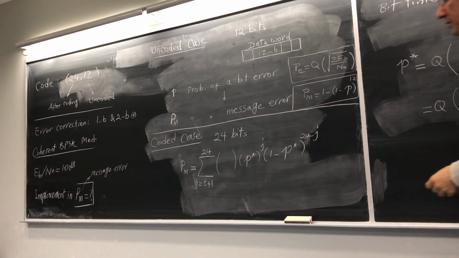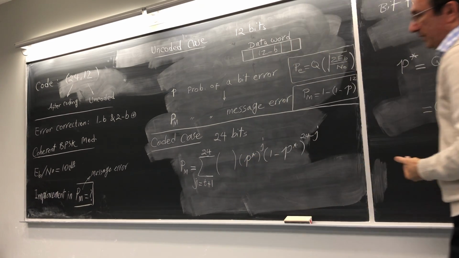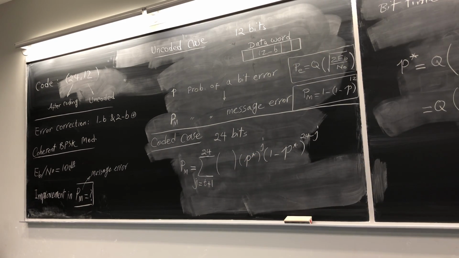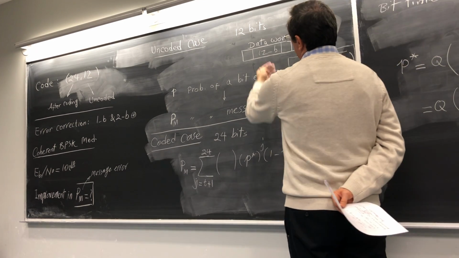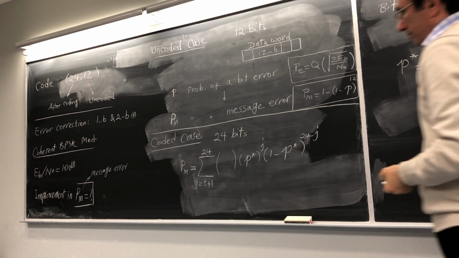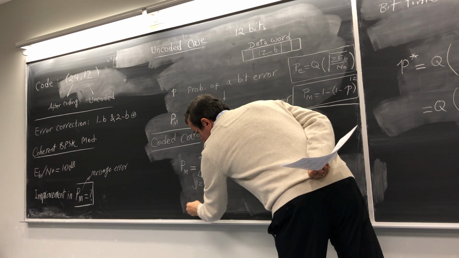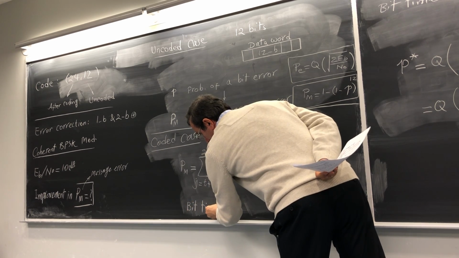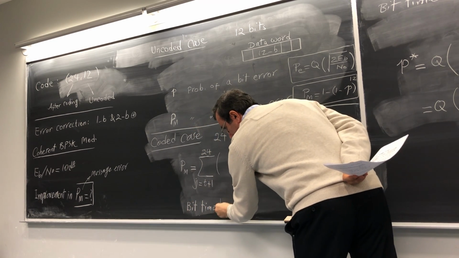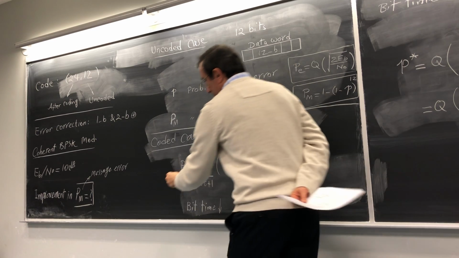Right? The reason this probability P appears here with an asterisk is that it is not the same as the probability of bit errors like before. Why is that so? Because bit time is now shortened by a factor of 2 as a result of coding.